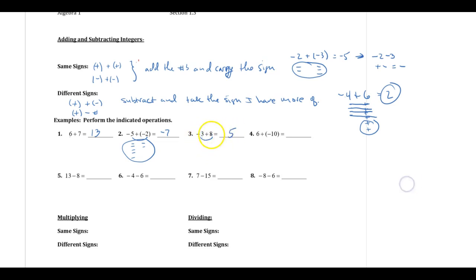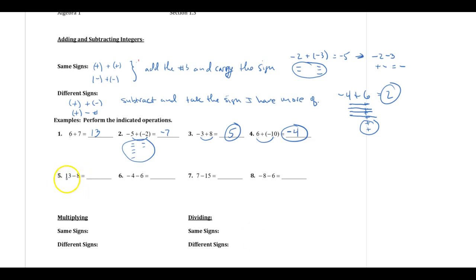I have 3 negatives, 5 positives. What do I have more of? Positives. Over here, I have +6 plus -10. Different signs, so I'm going to subtract, get 4. I have 6 positives, 10 negatives. What do I have more of? Negatives. Therefore, it's a -4.